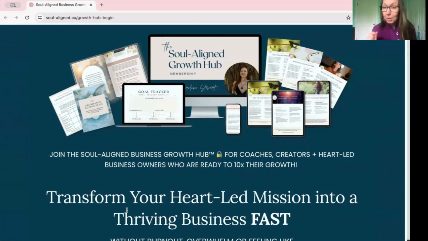And then I also talk about it being fast because that's part of it, right? I've been a heart-led business owner for 20 years, and sometimes it's really slow, and sometimes we need some additional strategy to help us cut down on the back and forth and just shorten the distance, right? So that's a great way to do a headline.